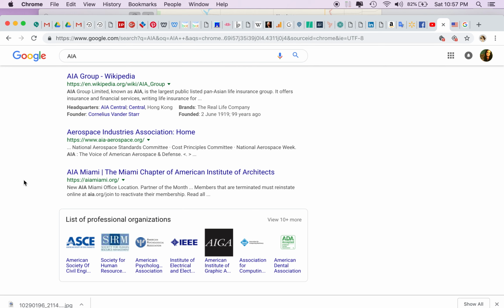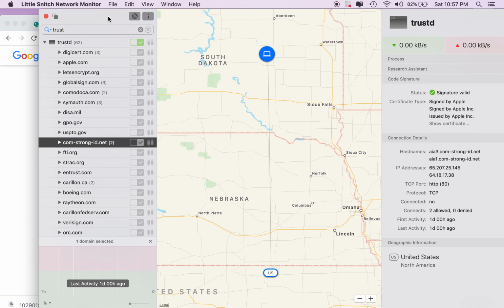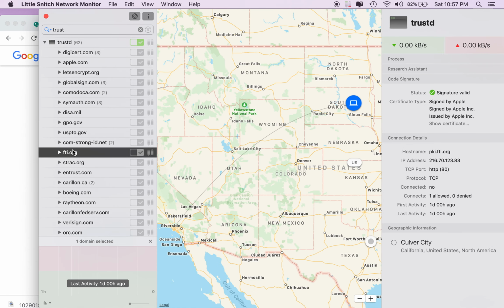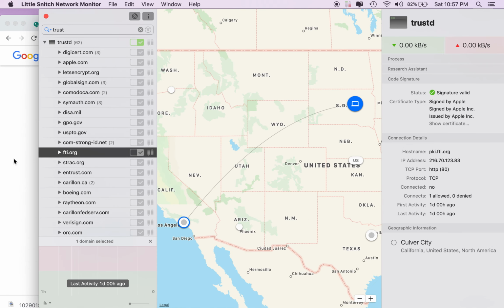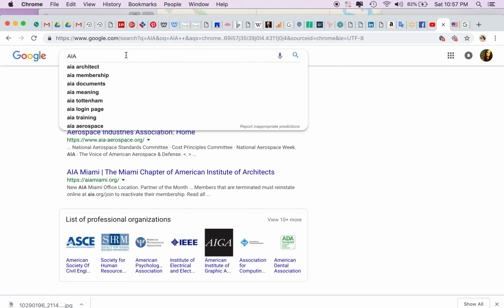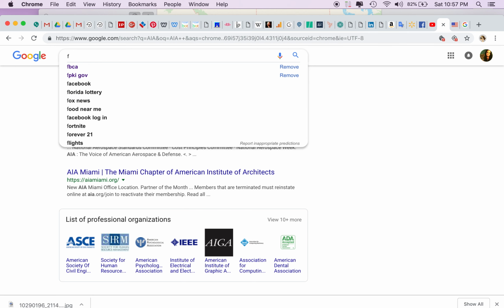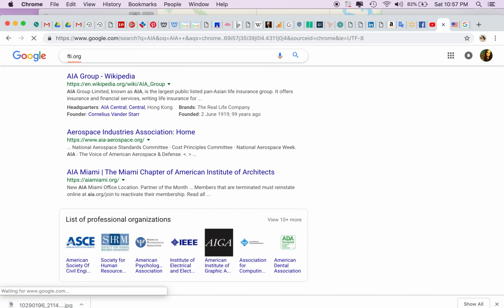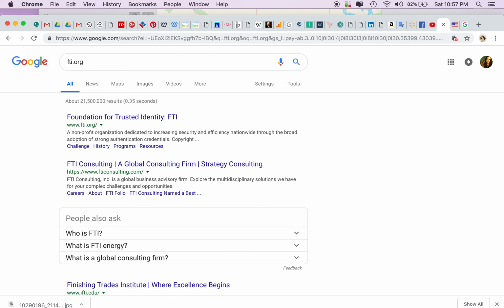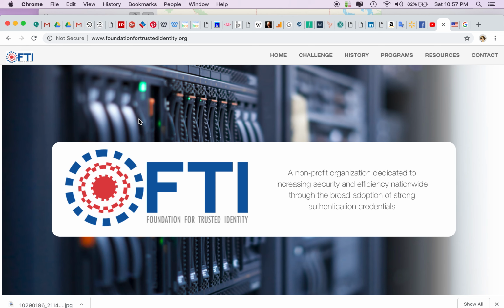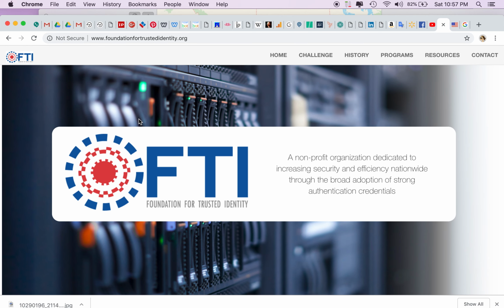Who knows? All right, let's go into FTI.org. Okay. FTI.org. Okay, Foundation for Trusted Identity. So I guess that is more identity.